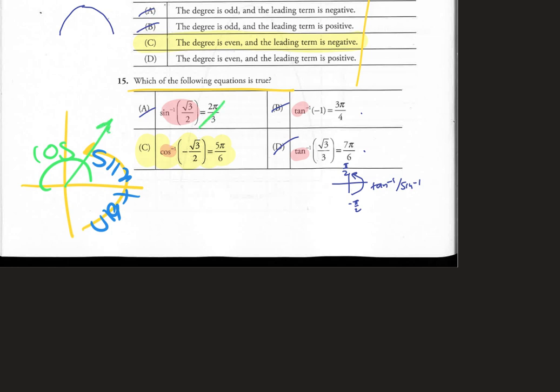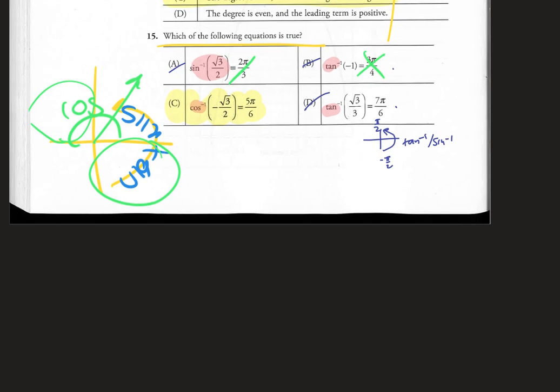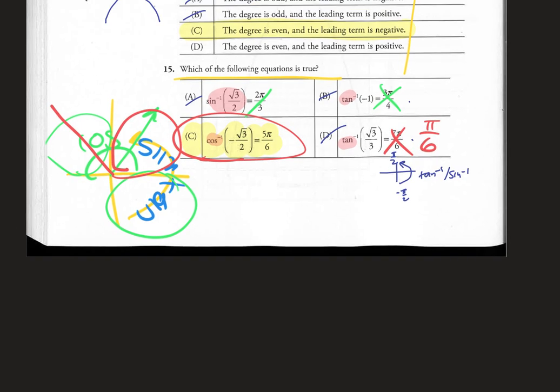Tan inverse of negative 1. The negative happens in the second quadrant and the fourth quadrant, but we don't use the second quadrant, which means 3 pi over 4 is wrong. Cosine inverse of negative 3 pi over 2 is in the second quadrant, which would be 5 pi over 6. That's the one that's right. And then tan inverse of root 3 over 3, tangent you only pull from the first quadrant, which would have just been pi over 6. So that's the only one that's in the right restricted area.